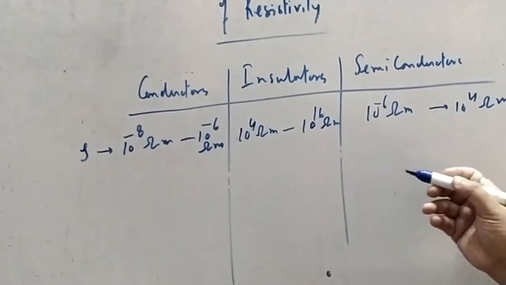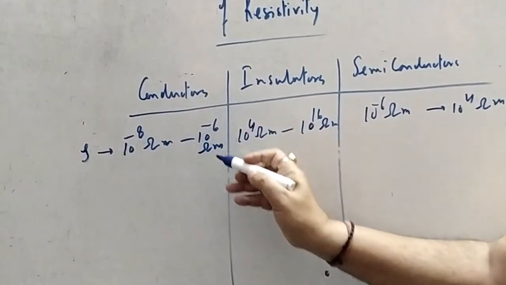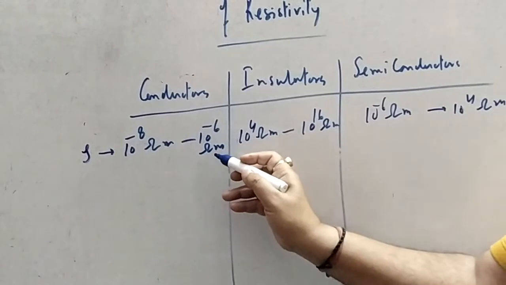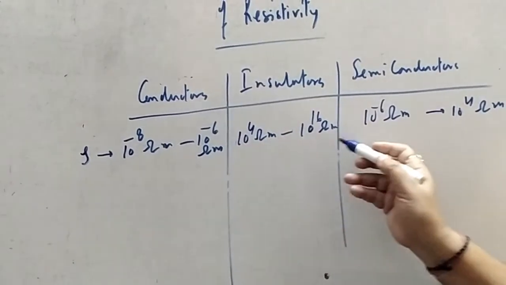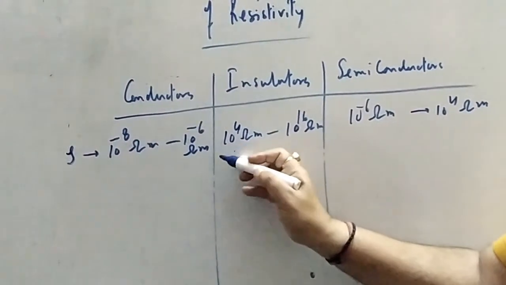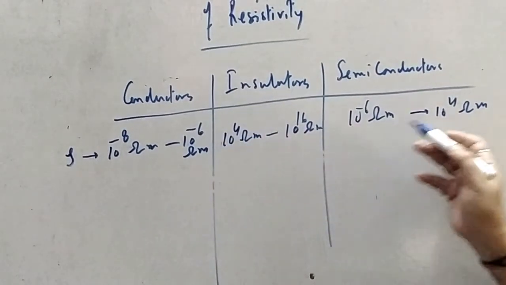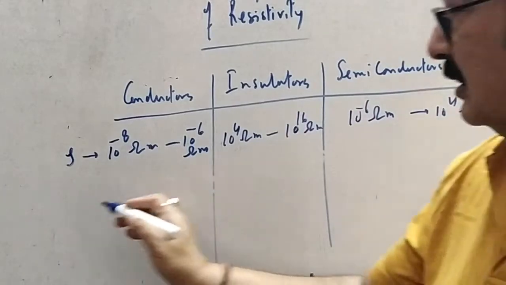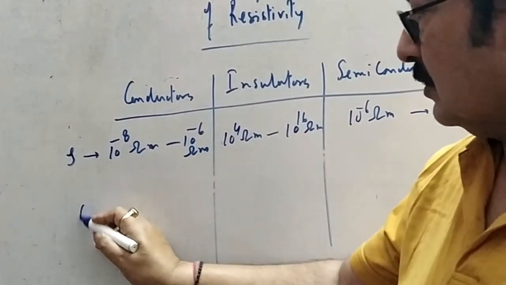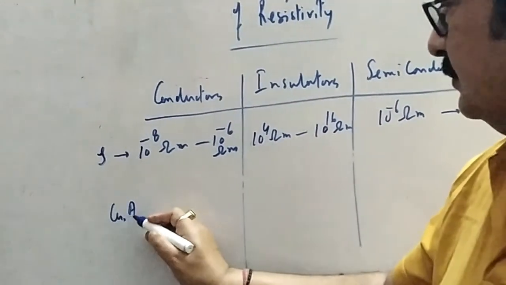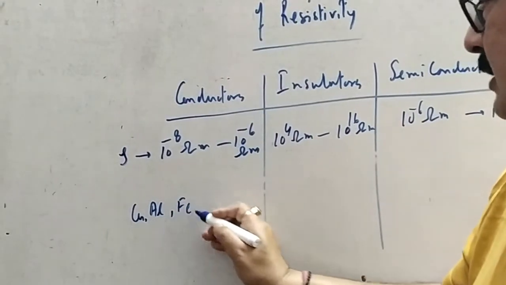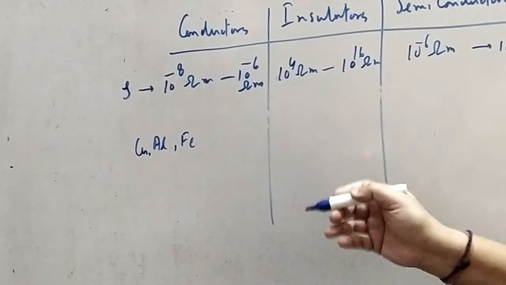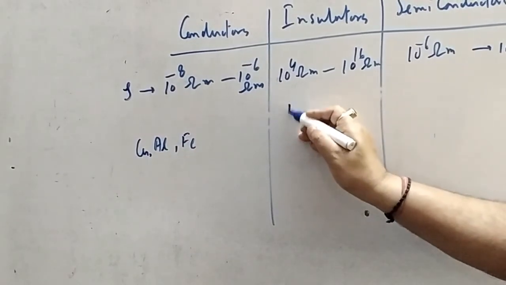Okay, that is we may take the least resistance, greatest resistivity from there and the least resistivity from insulator. These are the conditions. And now examples, all the metals including copper, aluminum, iron, etc. are conductors, and insulators like pure water.